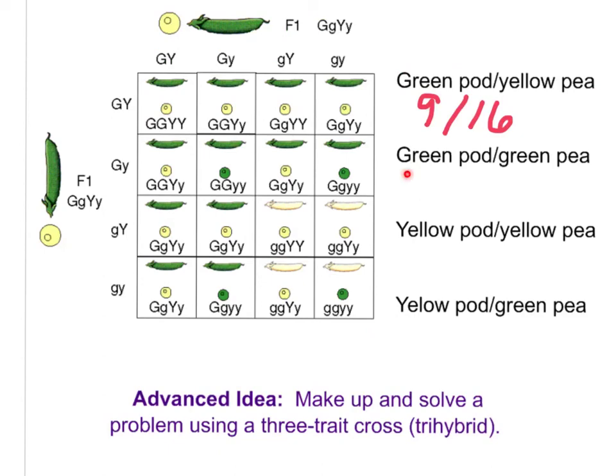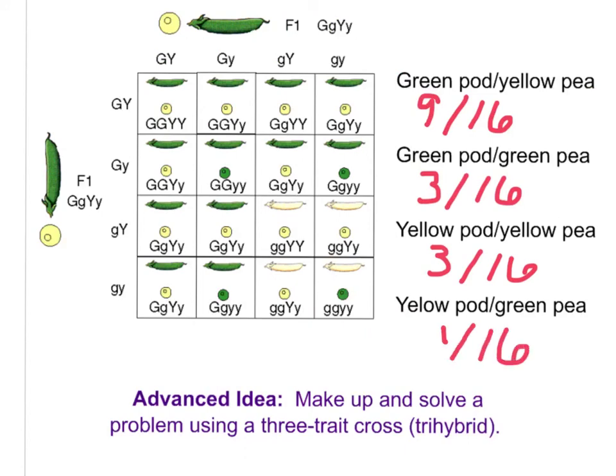We have green pods with green peas, and that's 1, 2, and 3. 3 out of 16 will be green pods with green peas. And then yellow pods with yellow peas, there are 3 of those. So again, we have 3 out of 16. And yellow pods and green peas, there's only 1 out of 16.